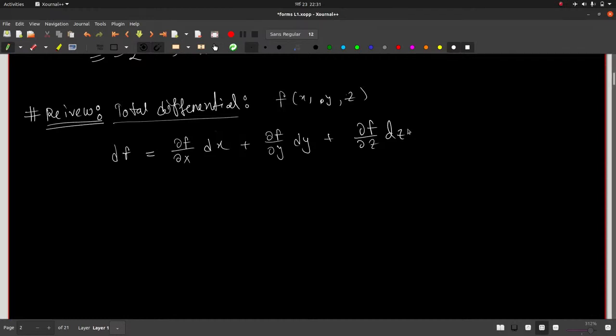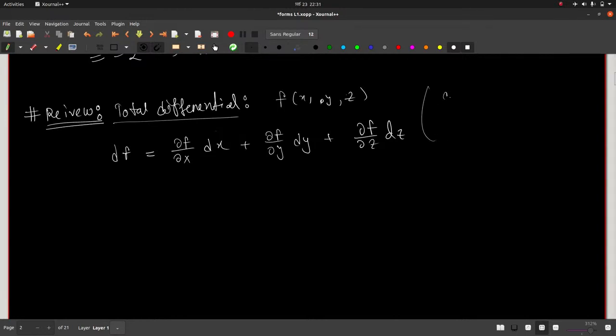Now what about the one form language? How does one form define a differential? Because we want to see what this one form language is actually good for, right? So now we define the total differential in terms of one form language.